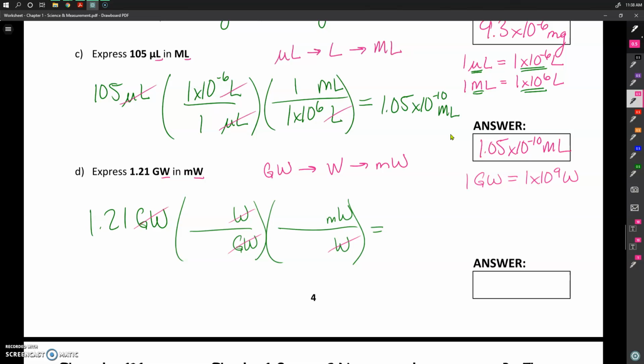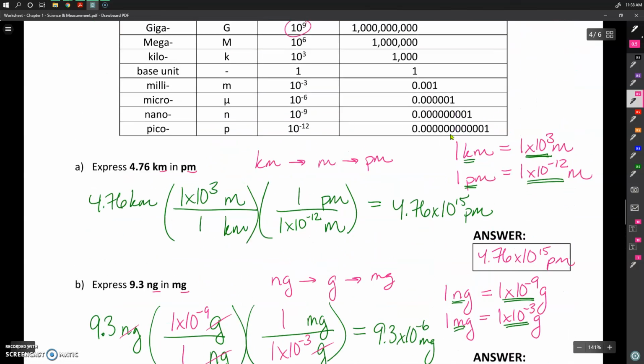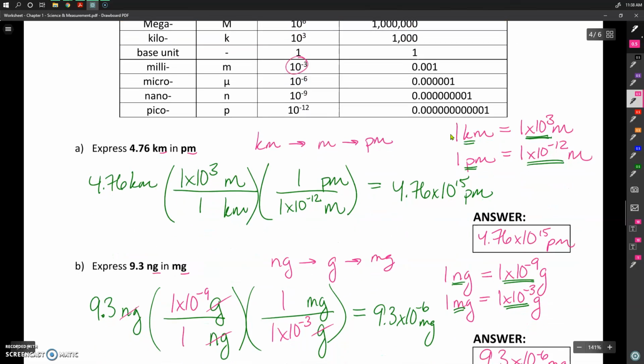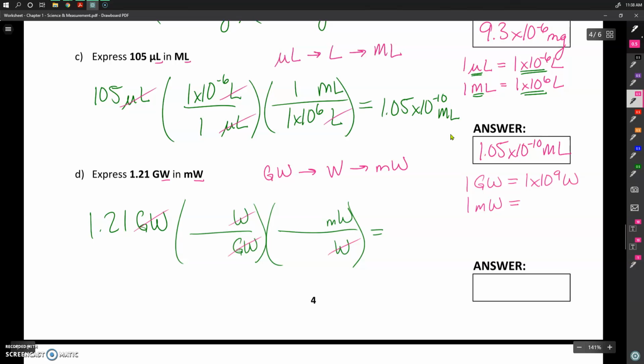If I want to go from watts to milliwatts, then I need to know what 1 milliwatt equals in terms of watts. So I come up here to milli and note that that is 10 to the negative 3rd. So I know that 1 milliwatt, I'm going to swap out the milli and replace it with times 10 to the negative 3rd watts. So again, giga gets swapped out with times 10 to the 9th because that's the factor it's associated with. Milli gets swapped out with times 10 to the negative 3rd because that's the factor it's associated with.